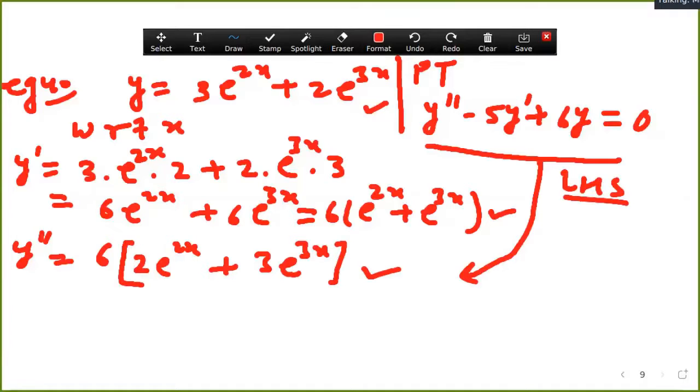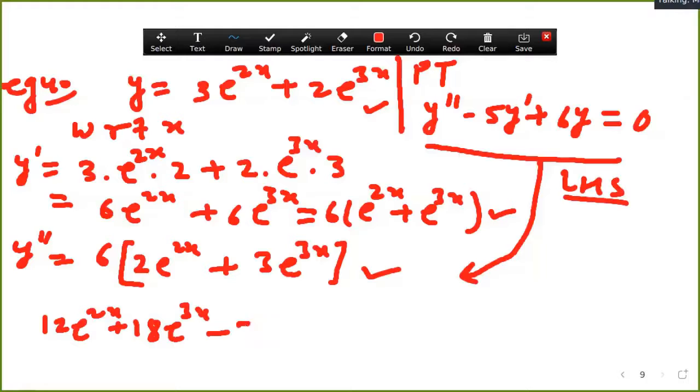That is, y double dash is 12 e to the power 2x plus 18 e to the power 3x, minus 5 times y dash. 5 times means 30, 6 into 5 is 30.